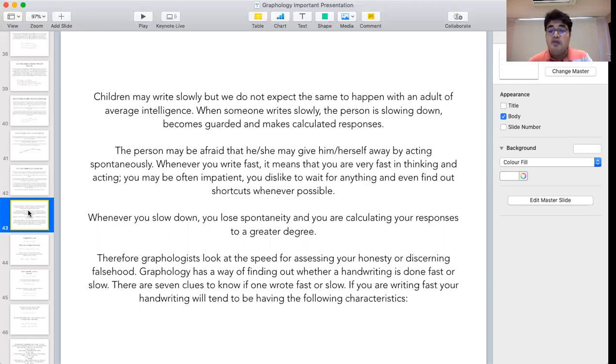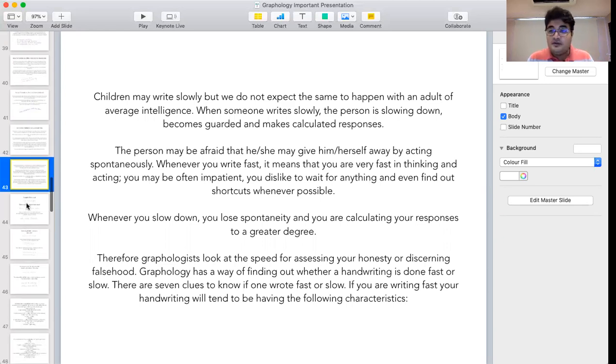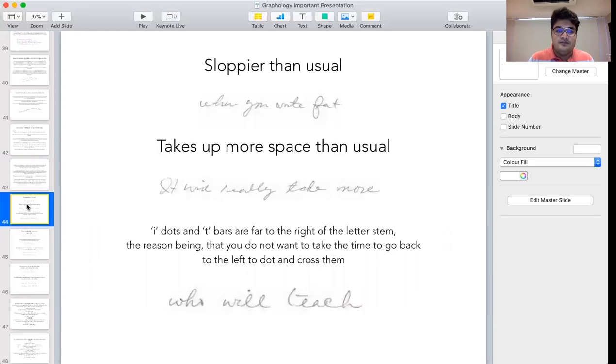Graphology has a way of finding out whether a handwriting is done fast or slow. There are 7 clues to know if one writes very fast or very slow. If you are writing fast, your handwriting will tend to have the following characteristics. A couple of characteristics that I'm sharing with you right now.